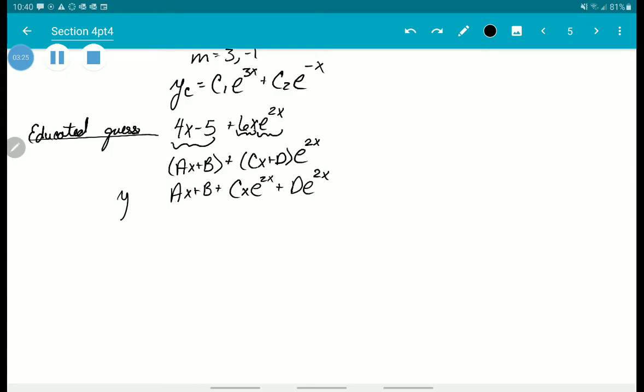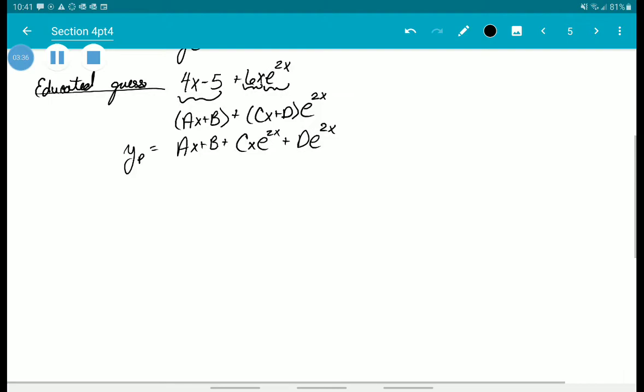So there's what our particular solution is going to look like. This guy's pretty massive, right? So it's going to make sense for us to split that into a couple of pieces where we consider the linear piece and then the piece that has the exponentials.